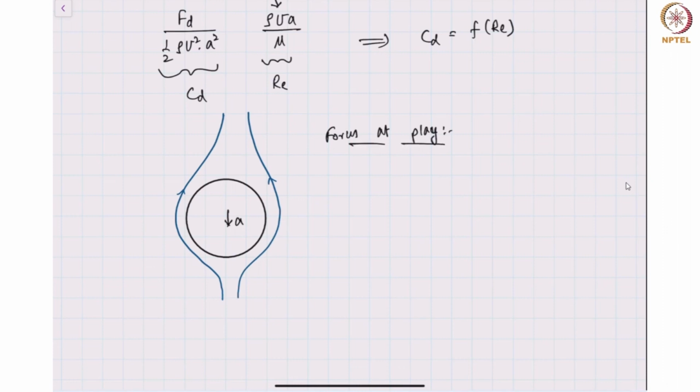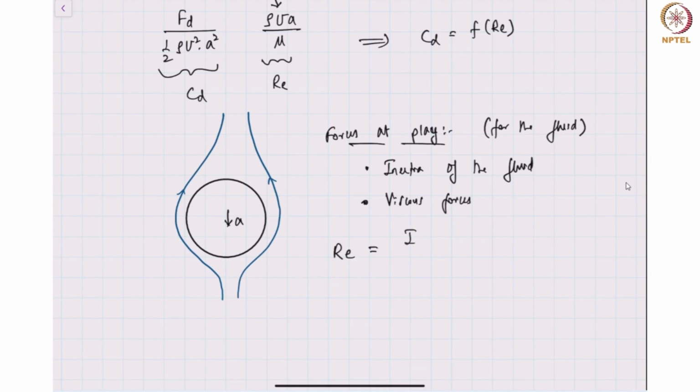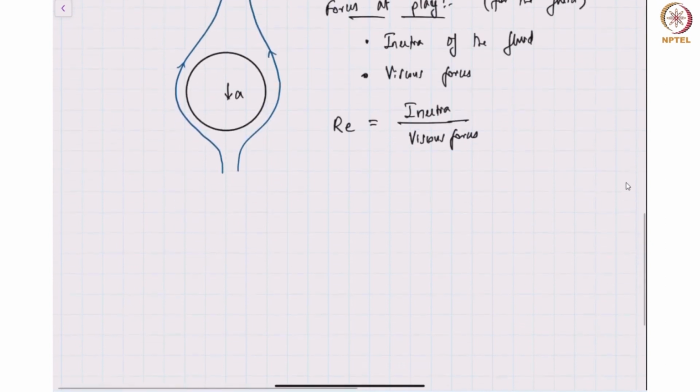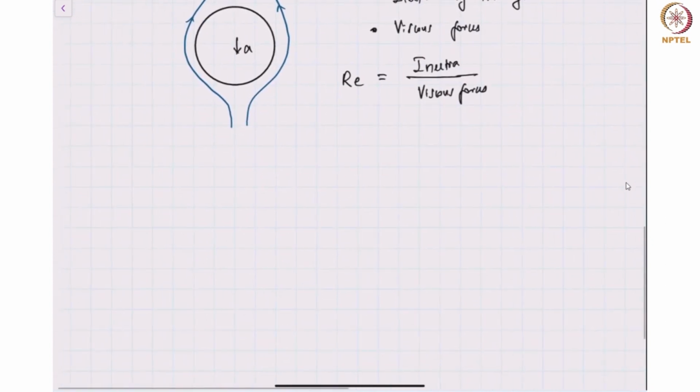For the fluid, one is inertia of the fluid, and the other is viscous forces. So I can straight away think of a non-dimensional number such as the Reynolds number, which is the ratio of inertia to viscous forces. Right? Now let's contrast this with a moving droplet.